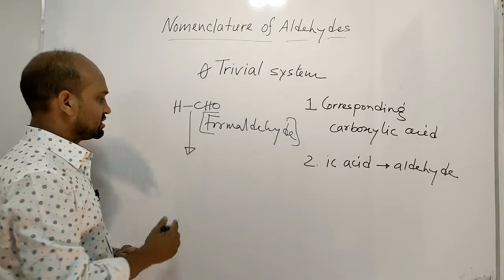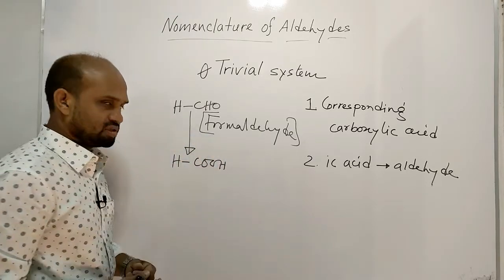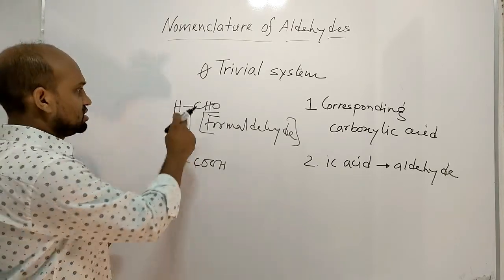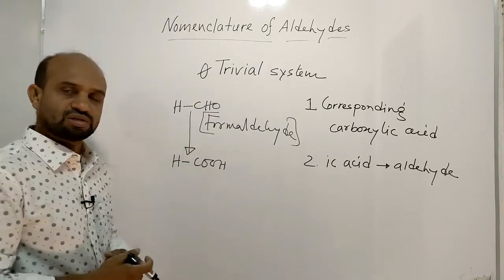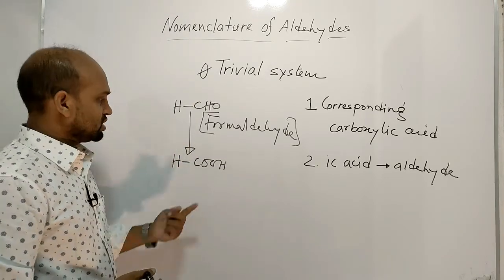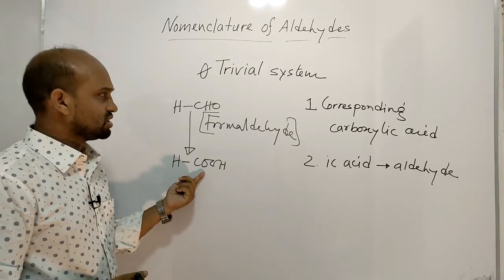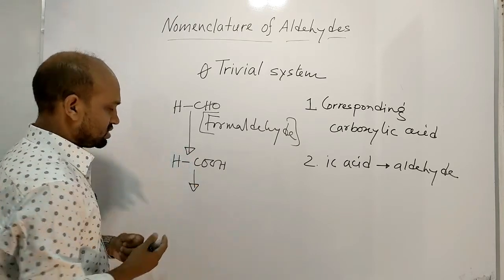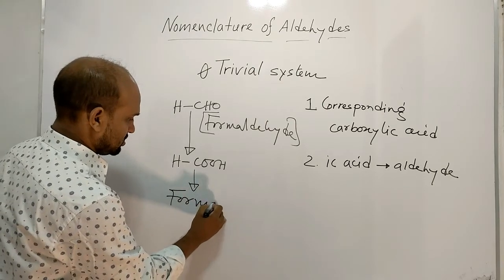Its corresponding acid is, this is corresponding carboxylic acid of this aldehyde. Here there is one carbon atom, here there is one carbon atom. So this acid is called corresponding carboxylic acid of this aldehyde. Now its name is formic acid.